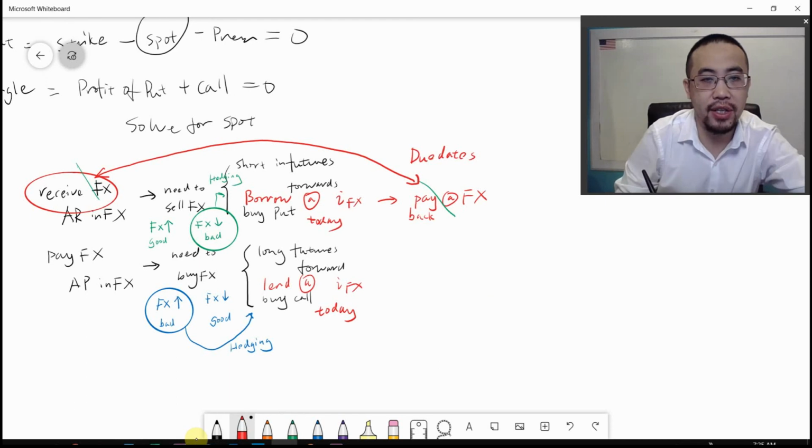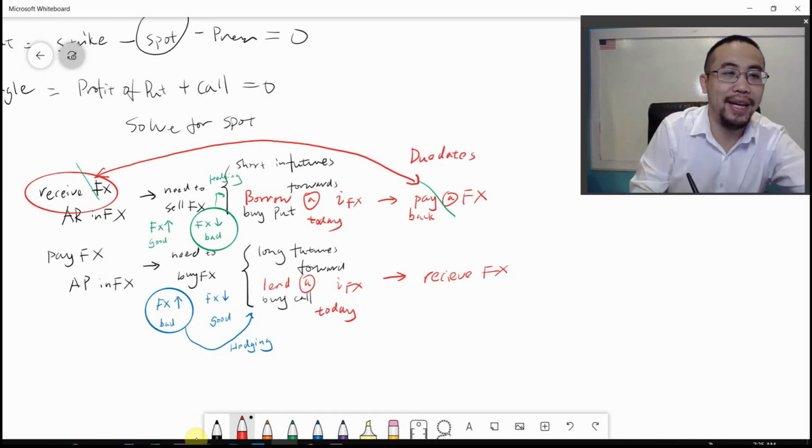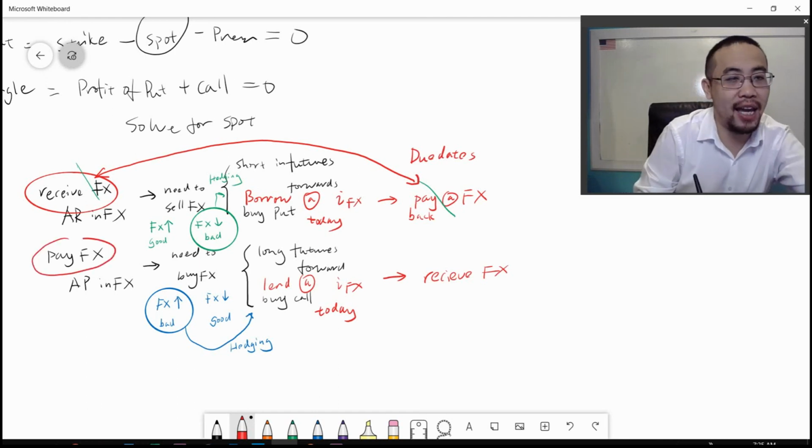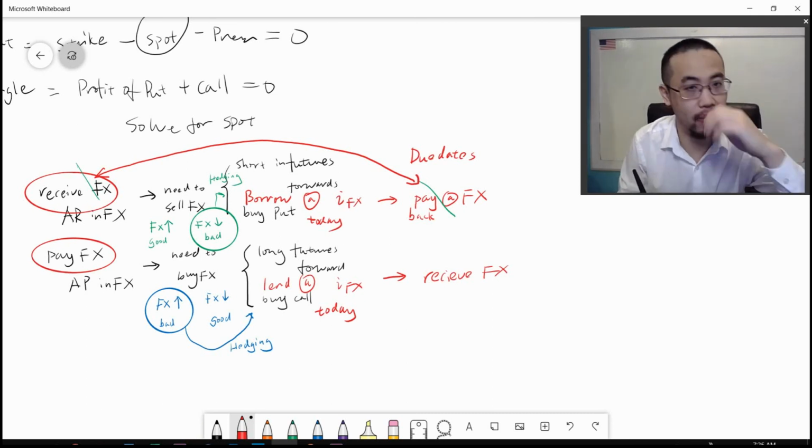Likewise, if you lend today at the foreign interest rate, then you will receive the foreign currency back with principal plus interest, of course, and then you will need to pay the foreign currency to your importer partner from whom you buy things.